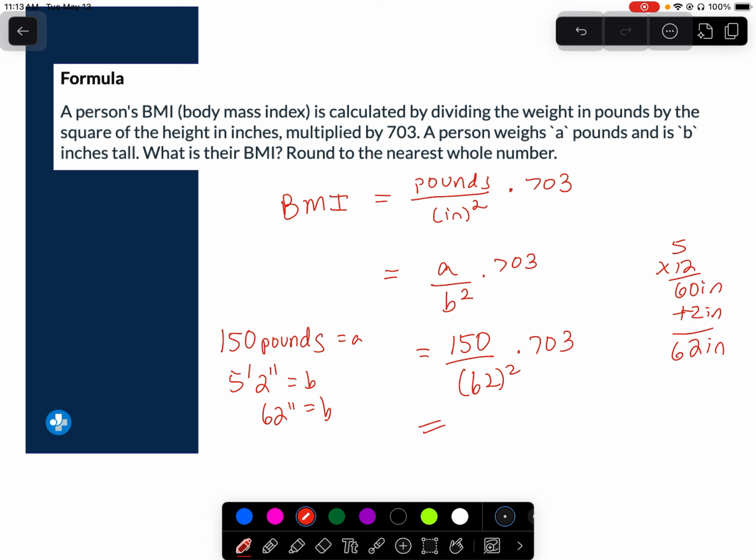So if you do 150 divided by 62 squared, now you could enter that into the calculator as divided by 62, or divided by 62 in parentheses squared, and then you're going to multiply by 703. And this person's BMI is 27 for a BMI. Okay, so that is a little about BMI and that formula they're looking for.